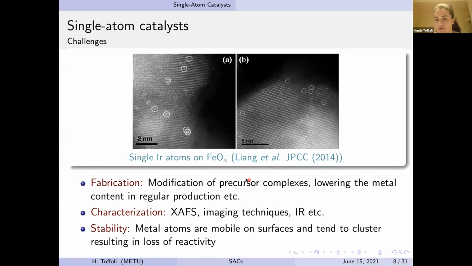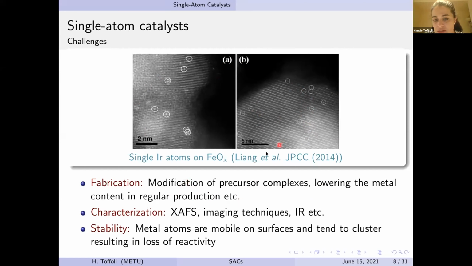So you have a metal-centered big complex with some ligands, and then you try to get rid of the ligands once the complex is adsorbed on the surface. Or you can use regular dosing methods, but really lower the metal component and hope that you get single atom catalysts. And there are also many other wet chemistry methods, and so on and so forth.